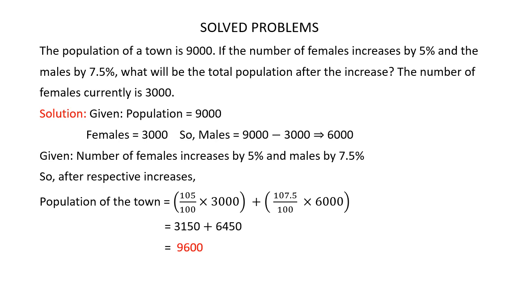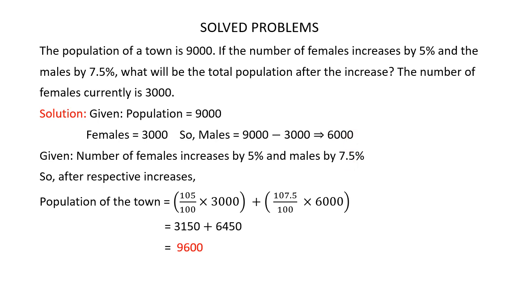Now we know that the number of males is 6000 and the number of males increased by 7.5%. So after the increase, the number of males will be 107.5 divided by 100 multiplied by 6000.